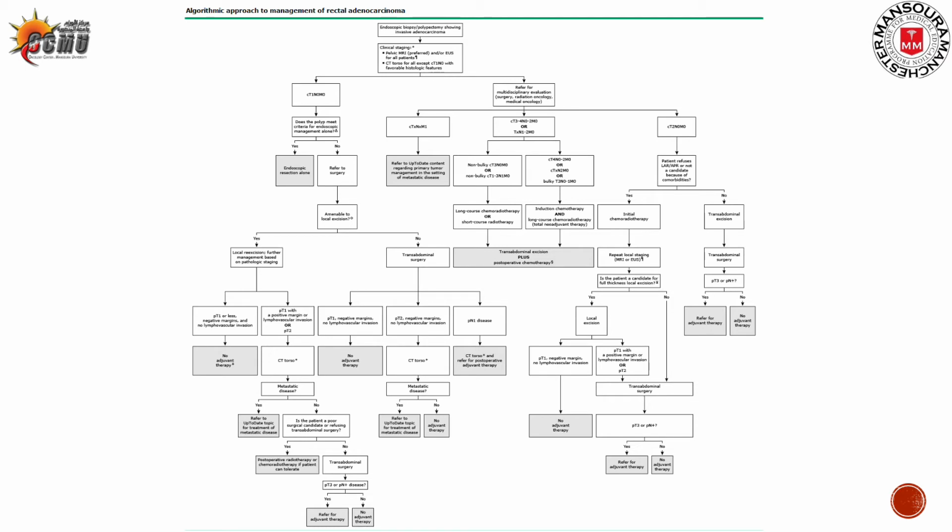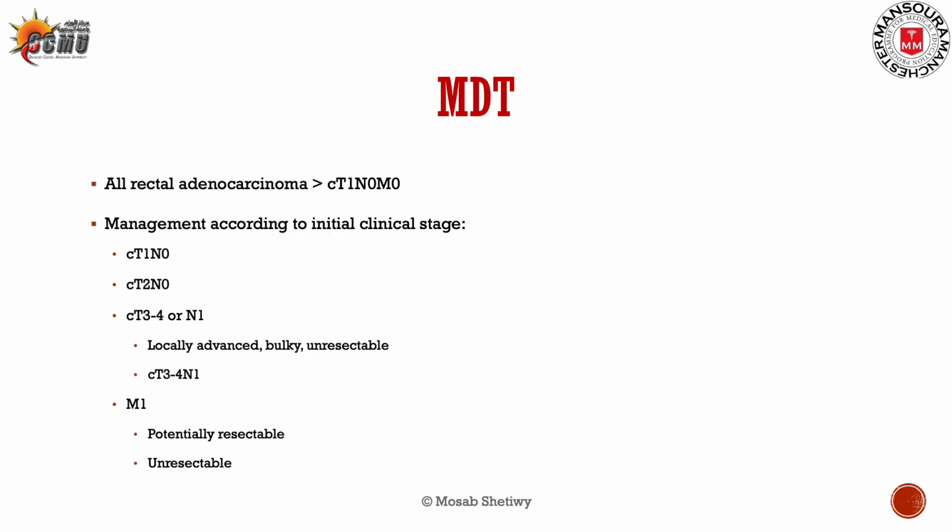But those who have locally advanced, extensive, fixed, bulky tumors or extensive nodal disease will benefit from chemoradiotherapy or chemotherapy as first-line treatment, followed by surgery according to their response, and so on. So let's start the management of colorectal carcinoma.